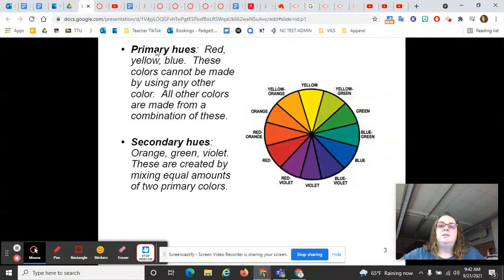Basically what it's saying is, to make green, I took equal parts of blue and equal parts of yellow, and I got green. To get yellow green, I'm going to add a little more of the yellow with the blue to give more of that yellowy color behind it. Okay, so you'll notice you'll have a primary, tertiary, secondary, tertiary, primary.